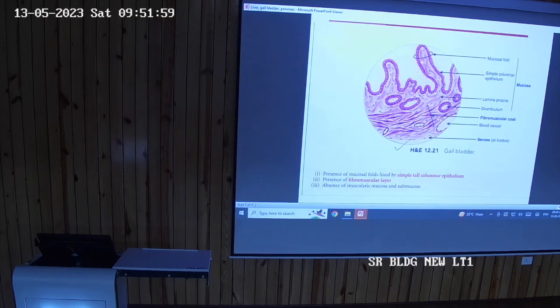Because of this, in the gallbladder there is no muscularis mucosa and no submucosa, underline that.